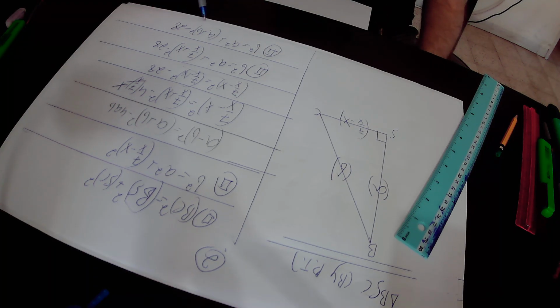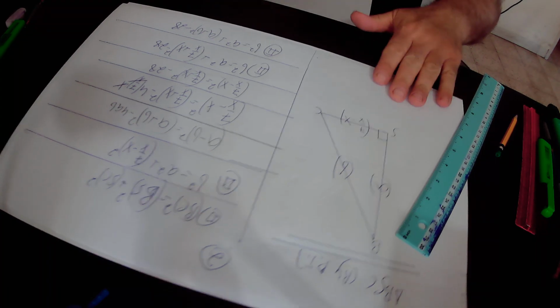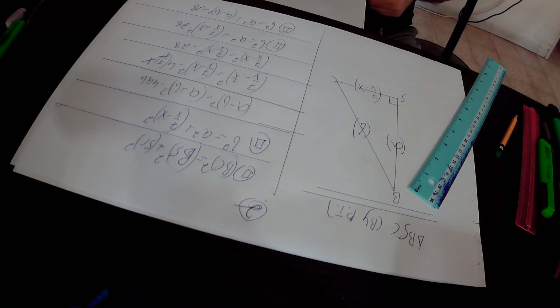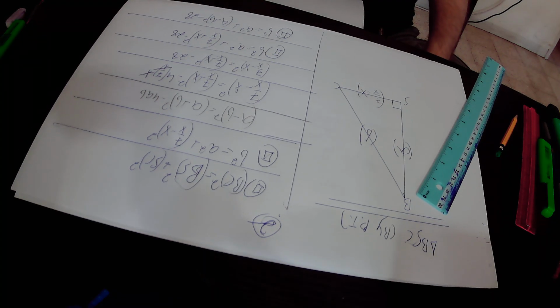So here we'll open the brackets of this expression (a plus b) squared, and we get that according to equation 2, b squared equals a squared plus (a plus b) squared. (a plus b) squared equals a squared plus b squared plus 2ab, and we have minus 28 here.